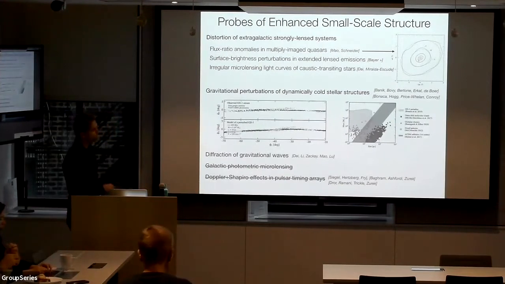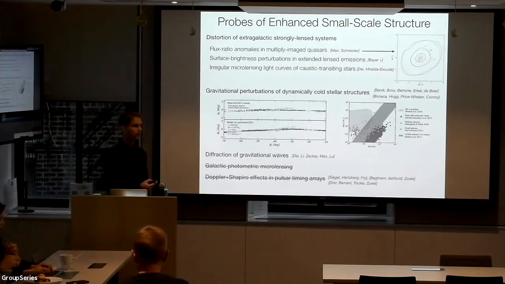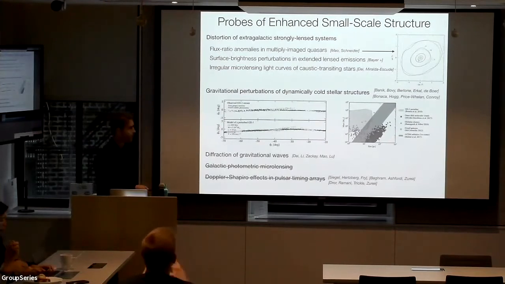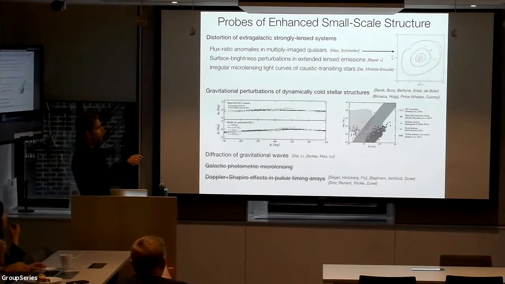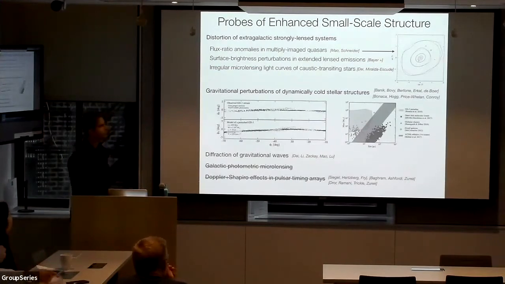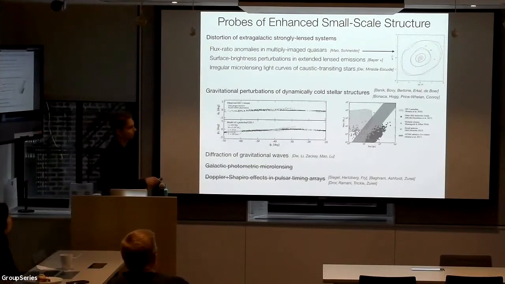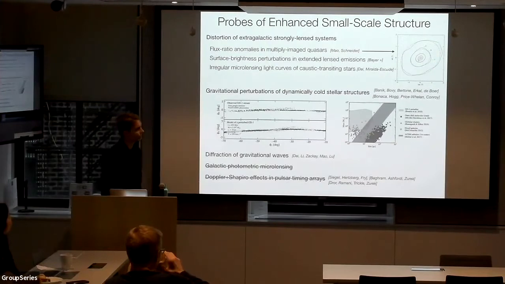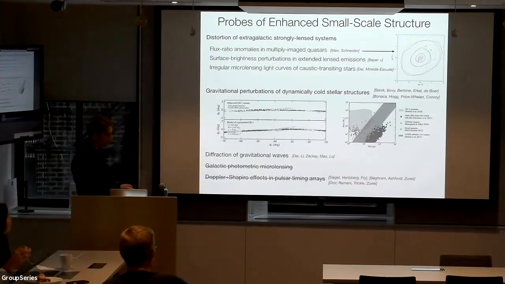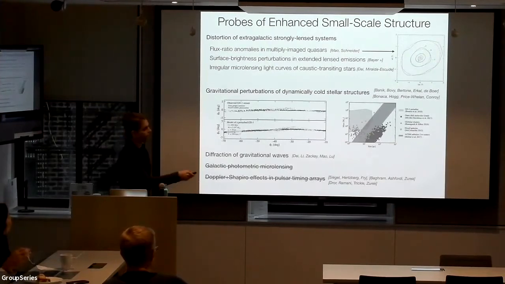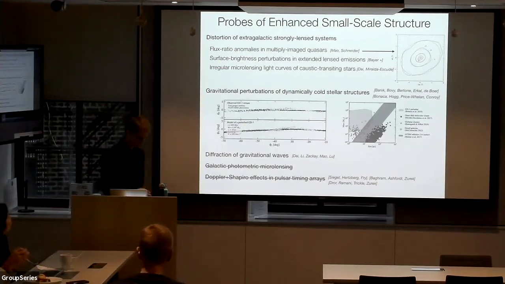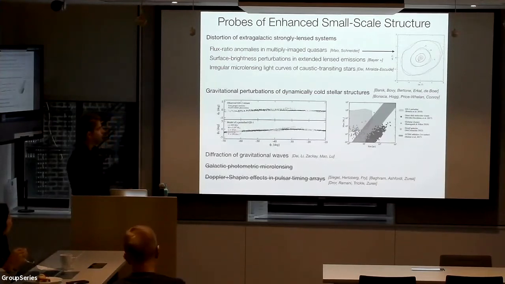You can try to look for distortion in strongly lensed systems, and there's a lot of work in this area, a fraction of which I'm showing here. So for example, you can look for multiply imaged quasars and compare the flux ratios between the quasars, and substructure in the strong lens could affect these flux ratios.